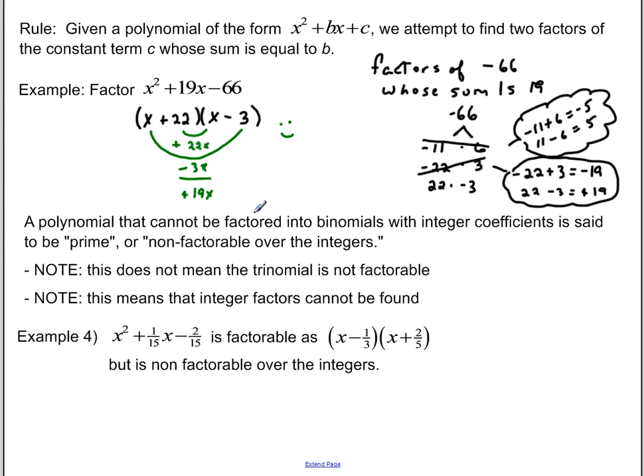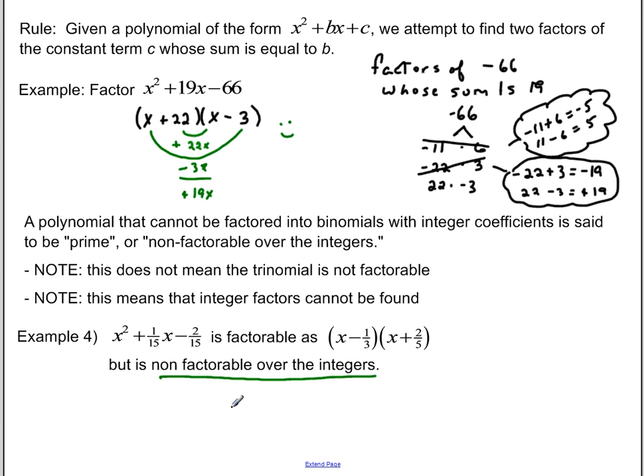It does not mean that polynomials cannot be factored otherwise. For example, x squared plus 1/15 x minus 2/15 is factorable as x minus 1/3 and x plus 2/5. It's a lot more difficult to find this, so we would say that it's non-factorable over the integers, to be very specific. Not that it's not factorable, just not factorable over the integers. So when we're looking at our polynomials, that's one of the things that we're looking for.